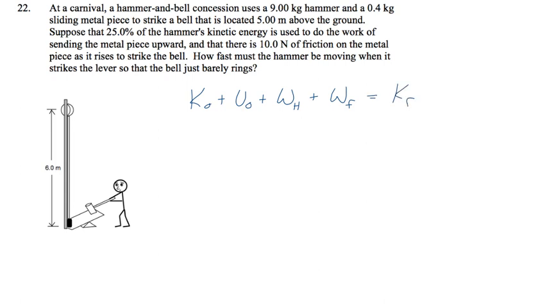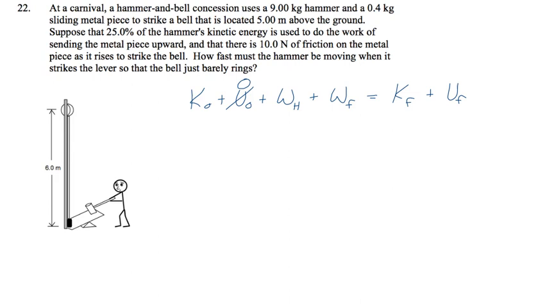KF plus UF. And just like every problem when you're doing these, we want to first make the things that are 0, because there's usually something that's 0. What can you tell me that's 0 in this problem? Original potential energy, because it's at its low point at the bottom, so we know that the original potential energy is 0. What else is 0?